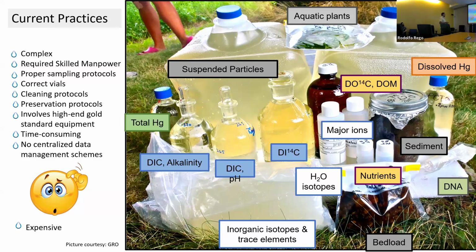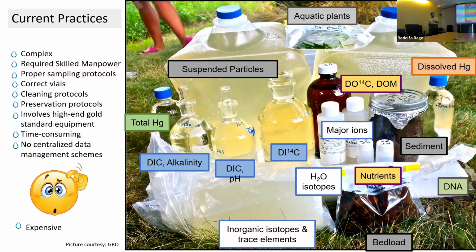In my state, Uttar Pradesh, we have almost 5 lakh, which is 5 million, water sources to track. Given that, we cannot employ field protocols like this at that scale. It is nearly impossible. The current research practice is quite complex to scale up: it requires skilled manpower, proper sampling protocols, correct vials, screening protocols, preservation protocols.